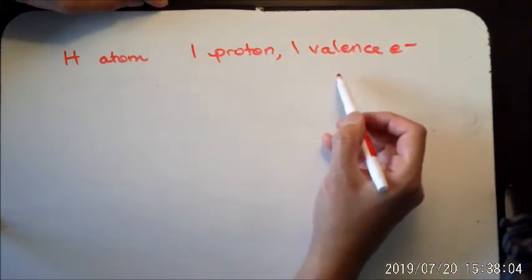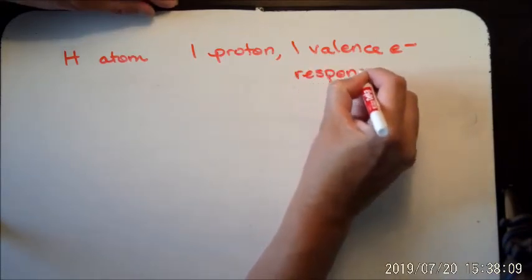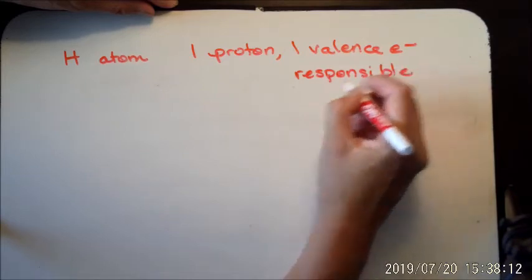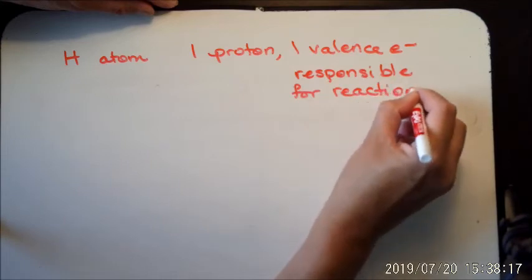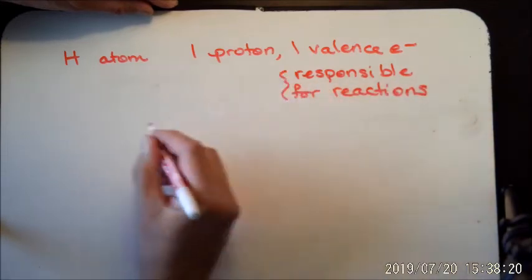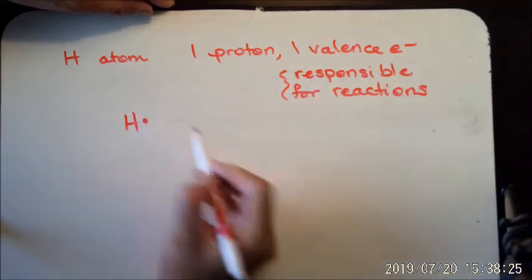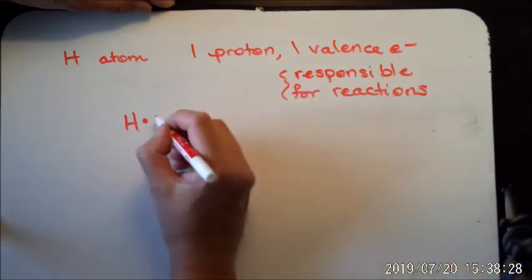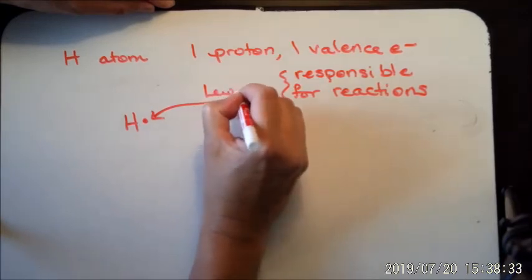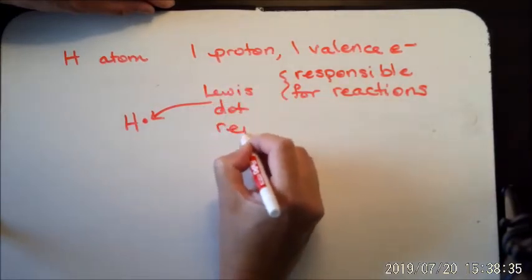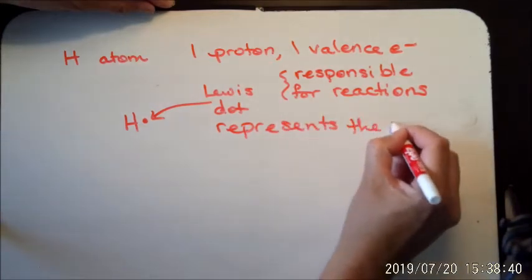And why do we focus on the valence electron? Remember, valence electrons are responsible for our reactions. Since I have one valence electron, we draw a dot to represent it. So this dot in the Lewis dot represents the valence electron.